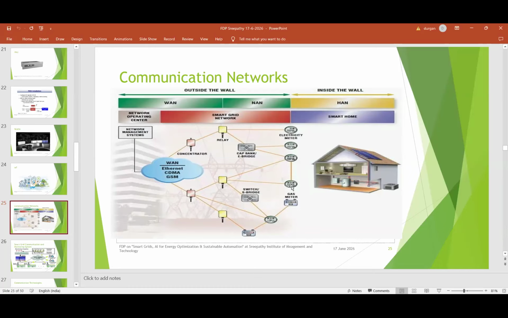Without communication, the IoT is not integrated, so for that, all the things are integrated in the systems.